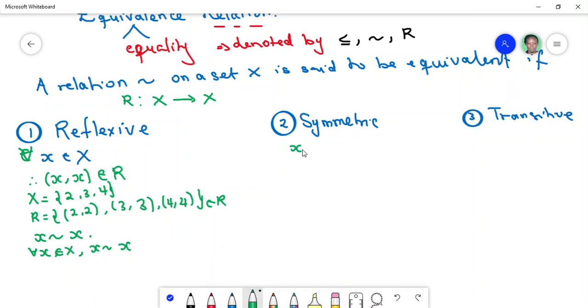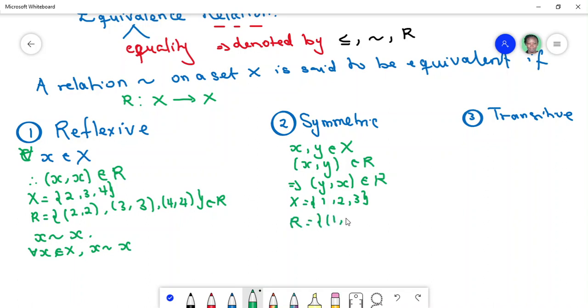What about symmetric? So for symmetric, if I have x and y in X, what it means is that I can have an ordered pair x, y in my R. This implies that y, x is also in R. An example is, if I have X equal to the set 1, 2, and 3, I can build a relation which is a set of ordered pairs: 1, 2, and don't forget I have 2, 1 as well in it.